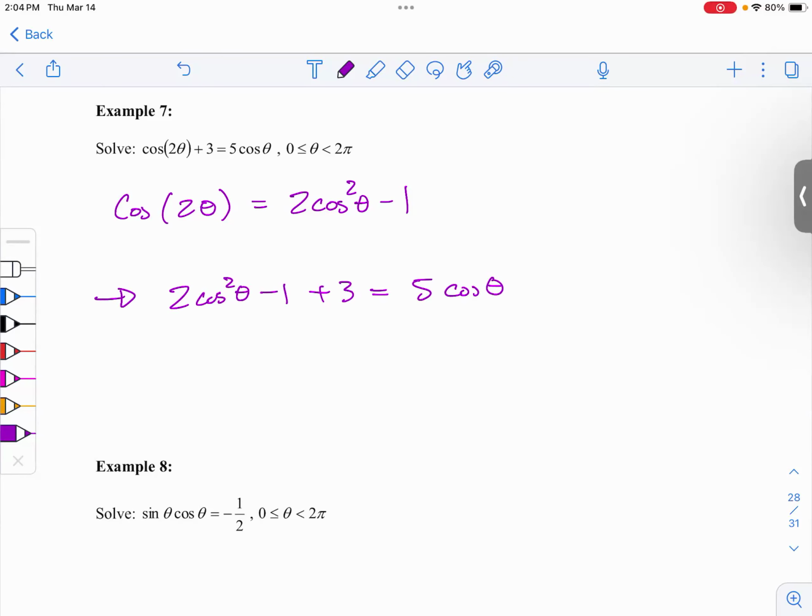And now once again, what am I looking at in a more complicated version? What is this whole equation? It's a quadratic, right? Once again, this is just a fancy looking quadratic.